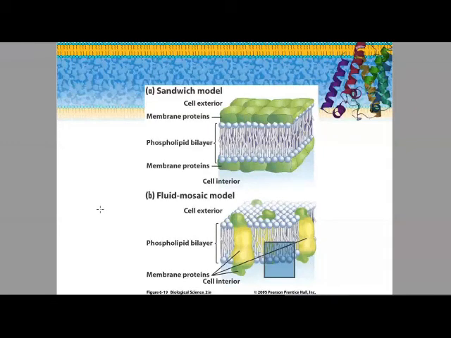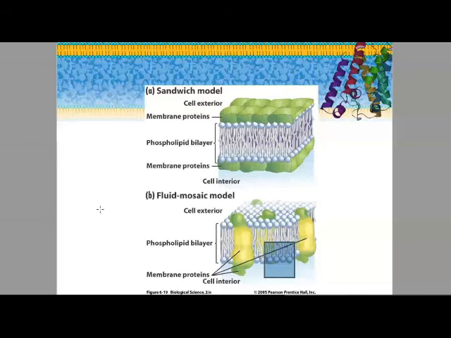Just another question. Why couldn't we assume with the sandwich model that all the cells had the same membrane, but we can with the fluid mosaic model? Because, again, that's why it's called fluid, and the model is ever changing.